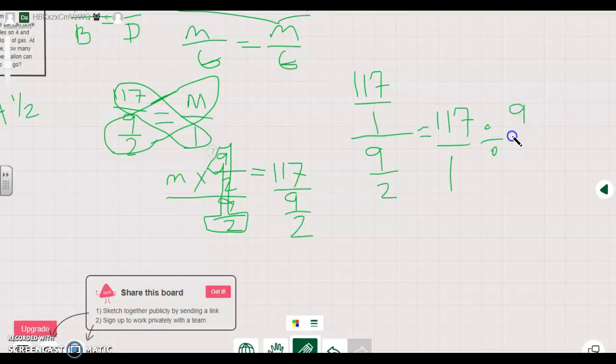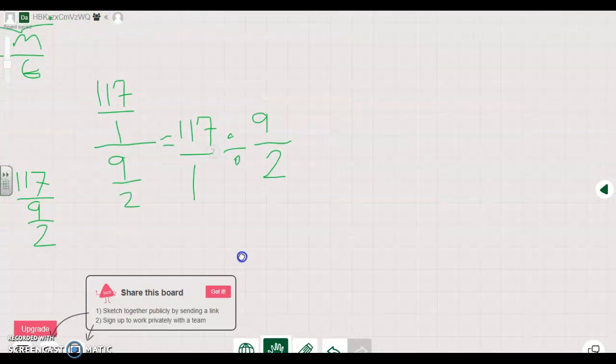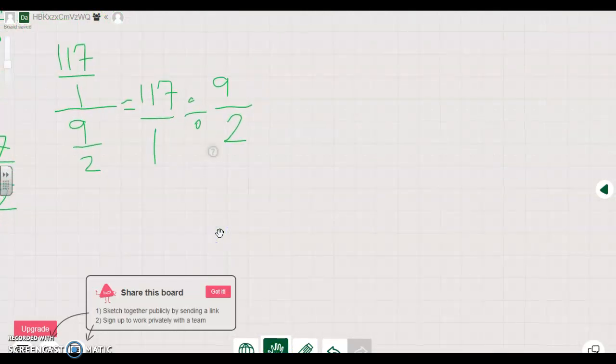9 over 2. Now a lot of my guys in my class hopefully can take that and realize that we can use leave, change, flip. We'll leave this alone, change the sign, and then we'll flip this fraction over. So let's move it over here.